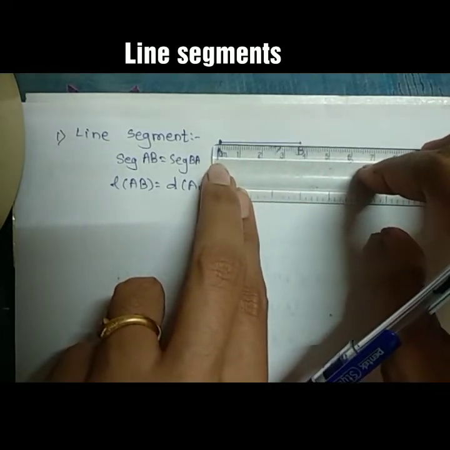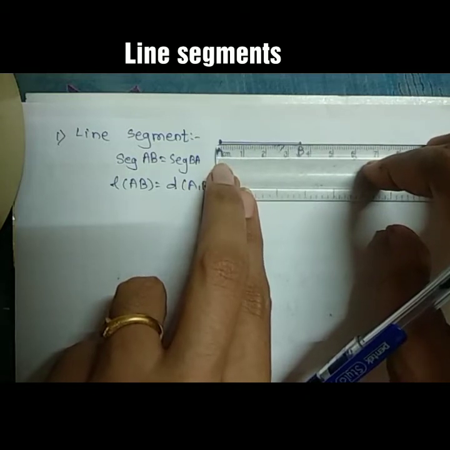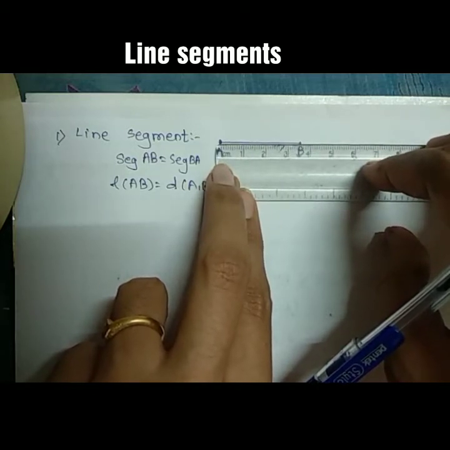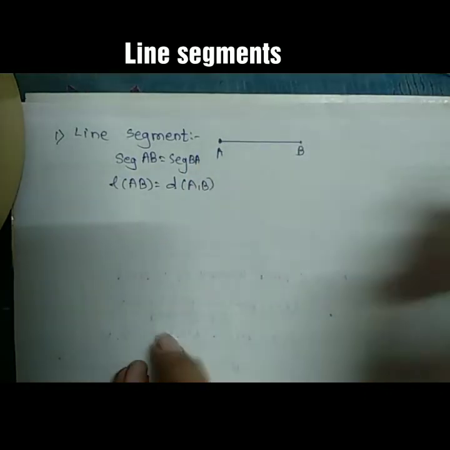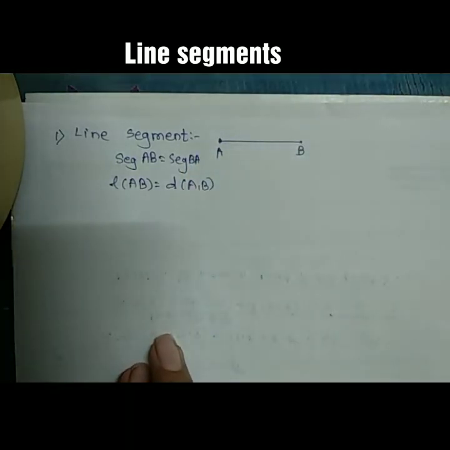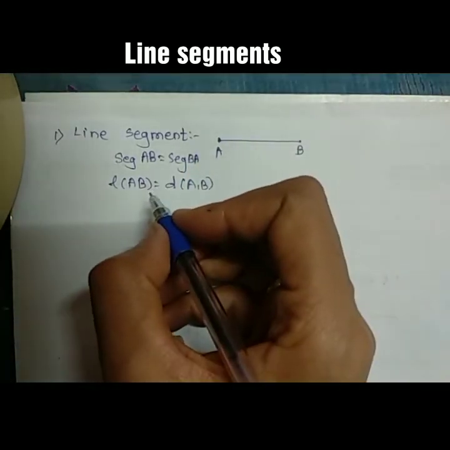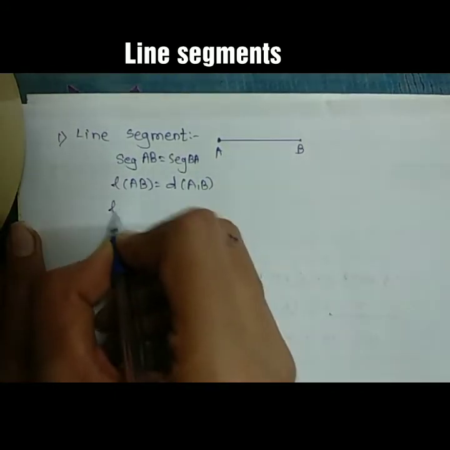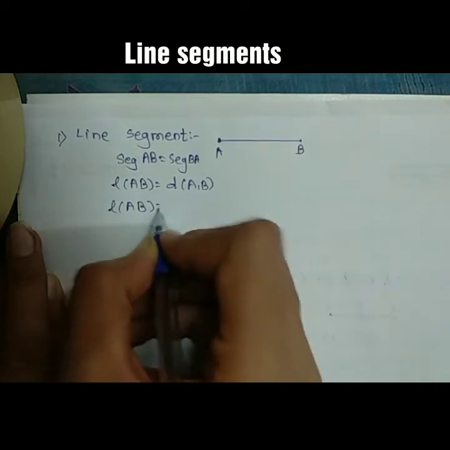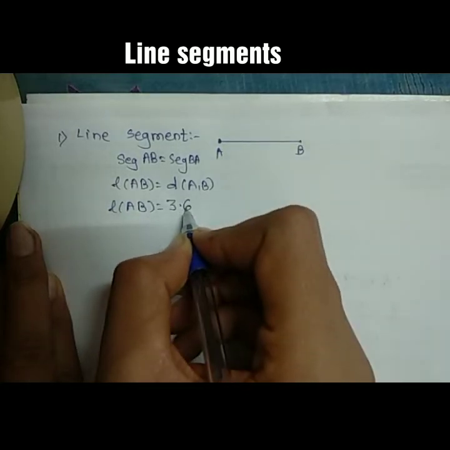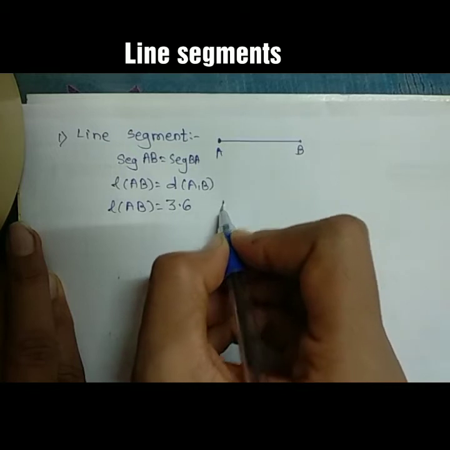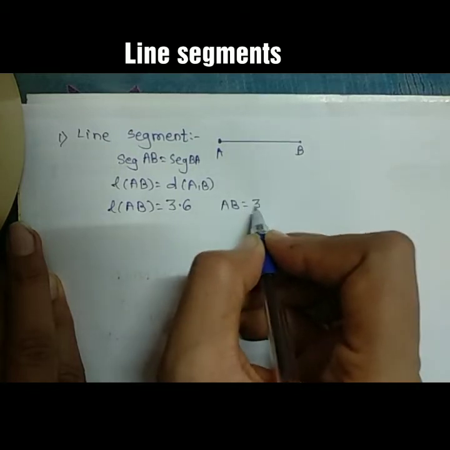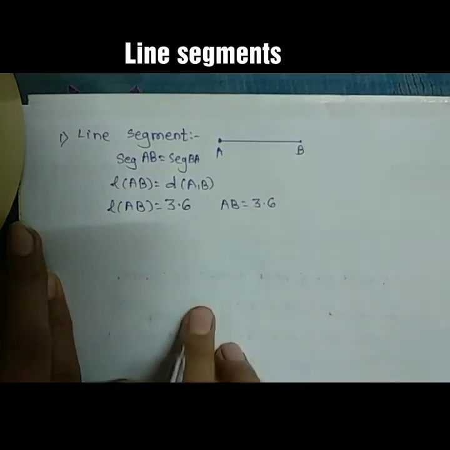This is 3.6. So here length of AB is equal to 3.6. It is also written as AB equals 3.6.